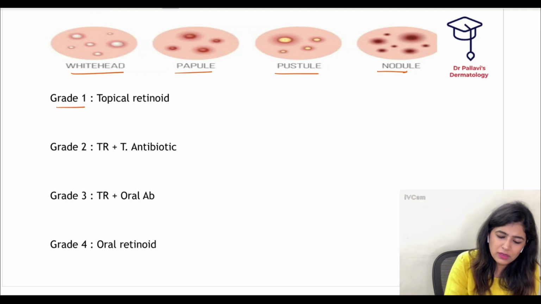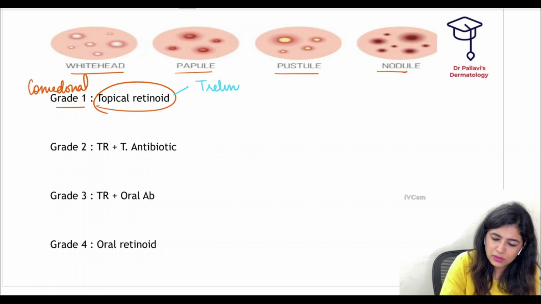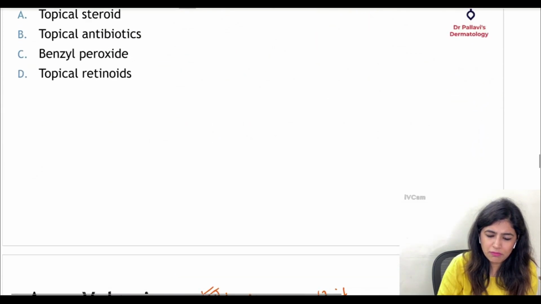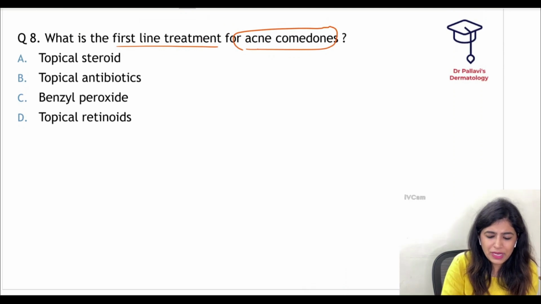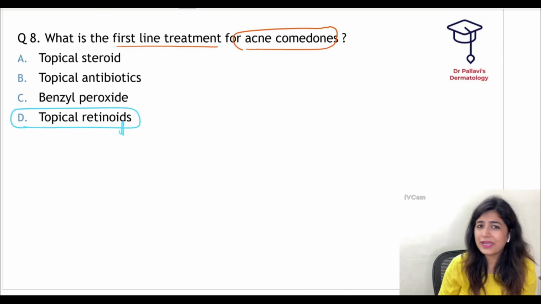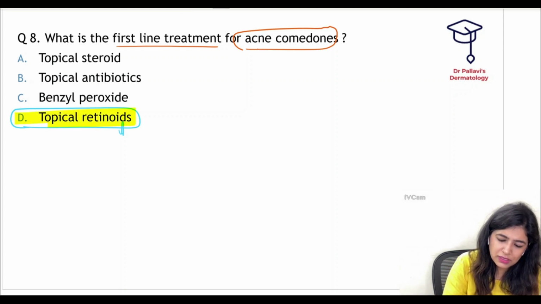In grade 1, which is the comedonal acne, the treatment of choice is topical retinoid. The topical retinoids that can be used include tretinoin and adapalene. So if my option did not mention topical retinoid, my answer could have been a drug like tretinoin and adapalene, but thankfully my question is telling me this option.